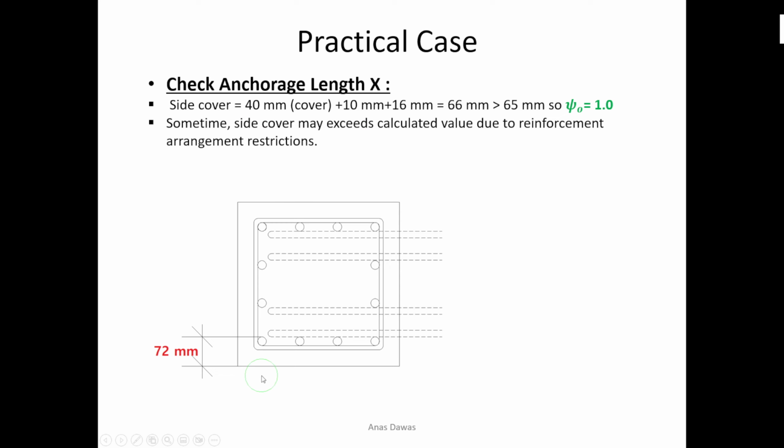In this case, if I add the cover plus the ties plus the main diameter for the main bars of the column, I have 72 millimeter. So this condition is satisfied, and I can use location factor equal to 1.